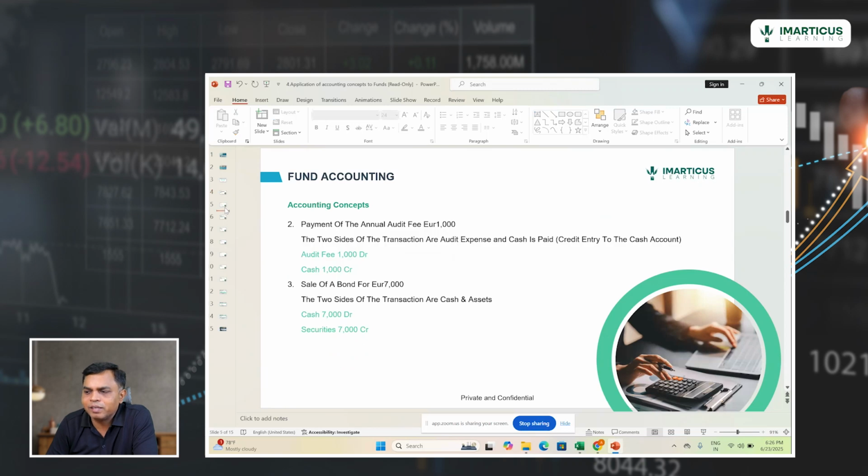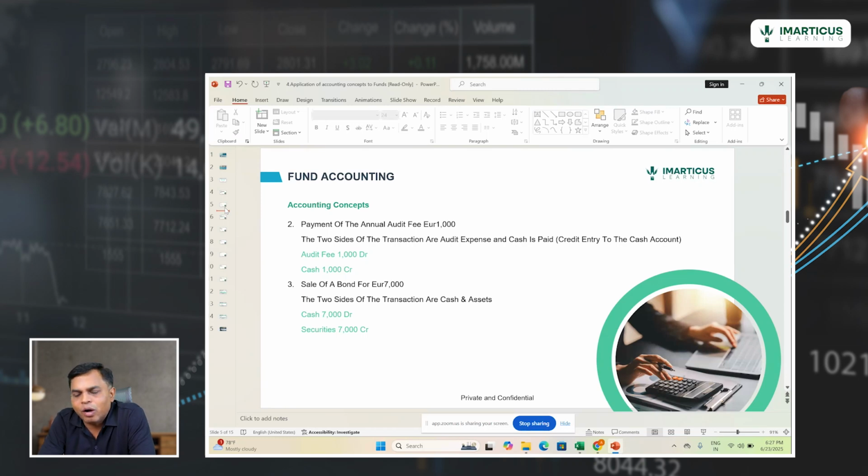Now let's look at another example. Let's say there is a payment of annual audit fees. Audit fees is an expenditure, and whenever there is an increase in expenditures, they come under the nominal account rule. Whenever there is an increase in expenses or losses, you debit it.